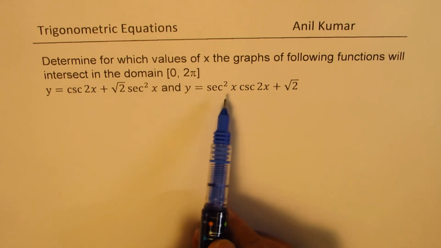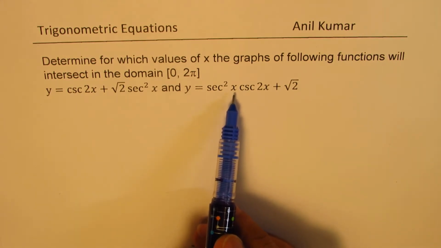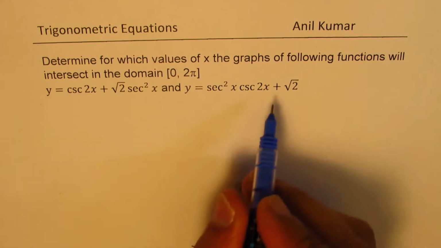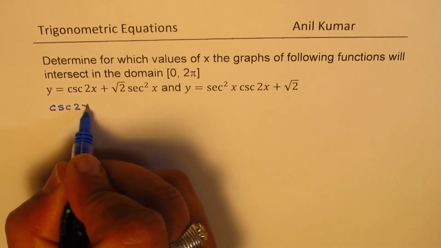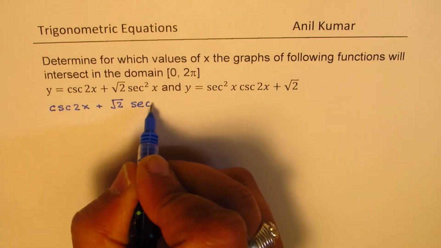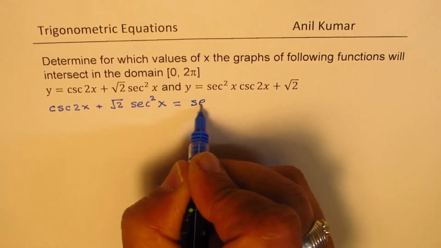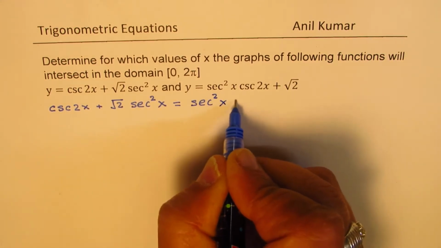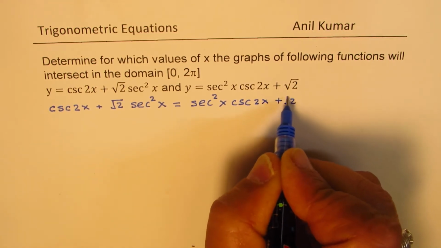Now when they intersect, that means their y values will be the same. We need to find the x values, right? So we can equate the two. Equating, we get cosecant 2x plus square root of 2 secant square x should be equal to secant square x cosecant 2x plus square root 2.